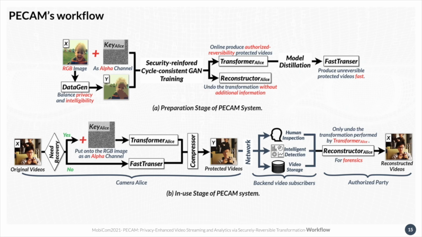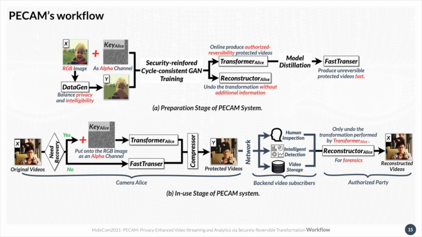During the in-use stage, the system will determine whether the current video frame should be protected by Transformer or FastTrans, according to whether the current video frame needs to be reversible. No matter whether the frame is reversible or not, it will be encoded by the compressor.